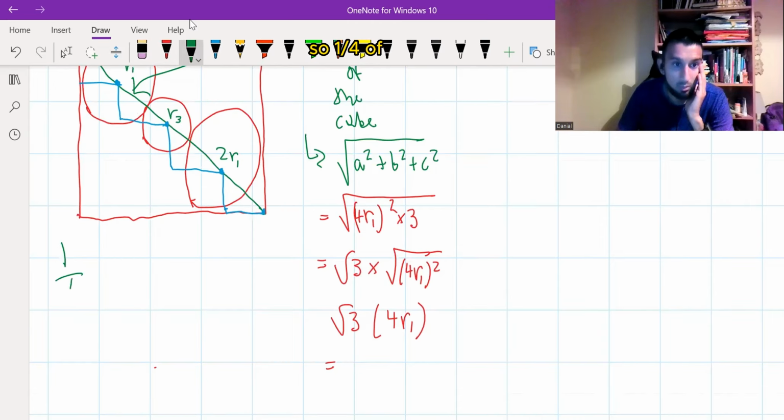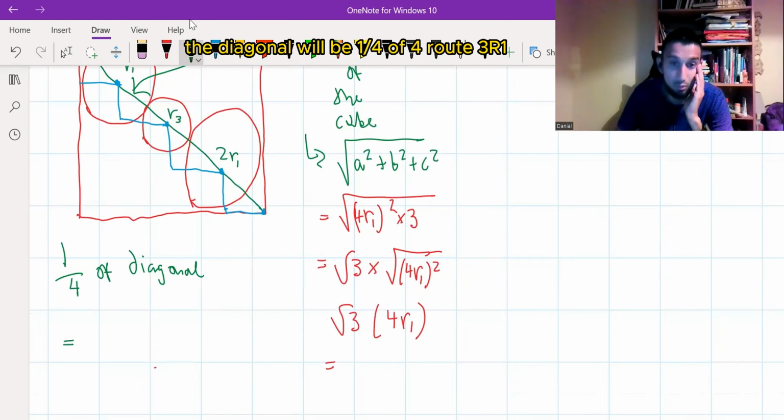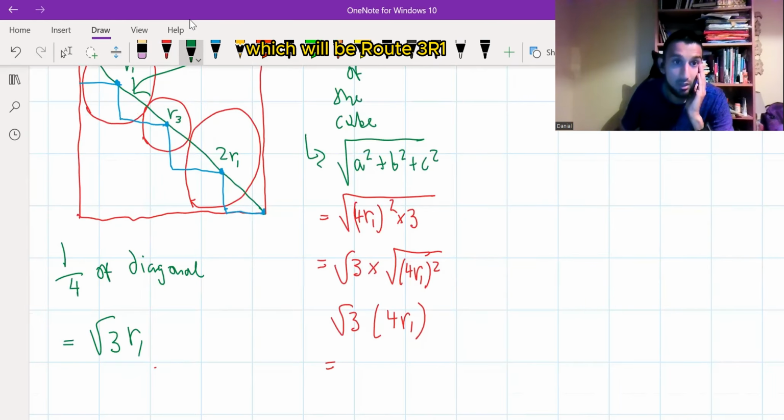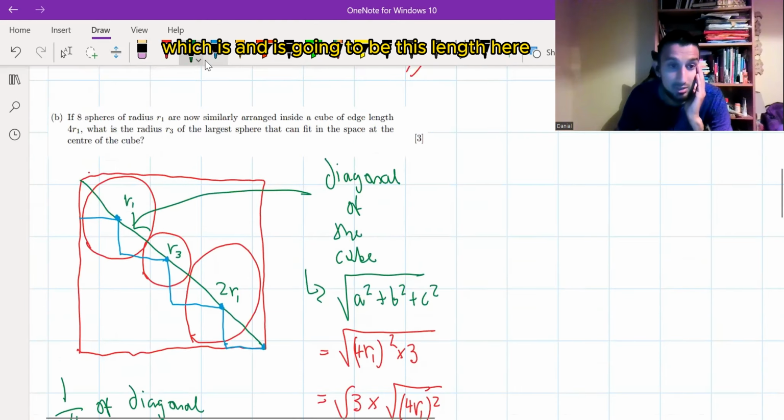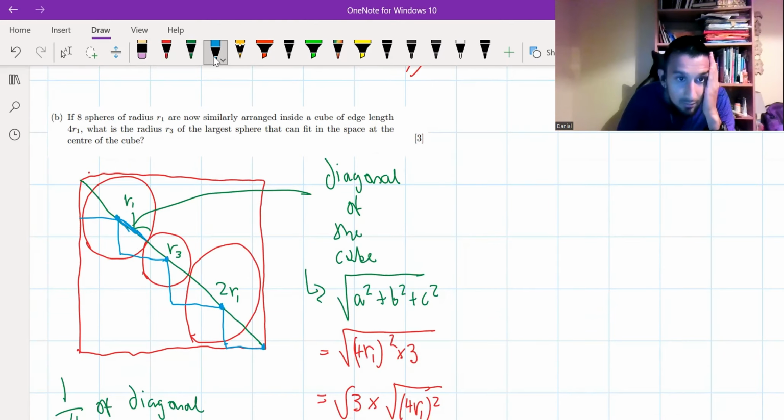So 1/4 of the diagonal will be 1/4 of 4√3 R1, which will be √3 R1, which is going to be this length here, which is definitely R1, and this length here, which is R3.